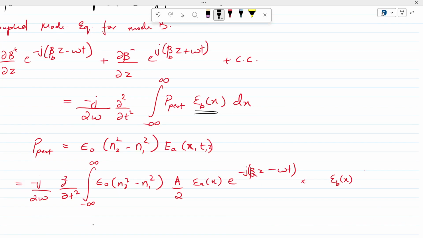Now we have this on the RHS. After doing the double differential, I'll get the j square out, that will cancel.